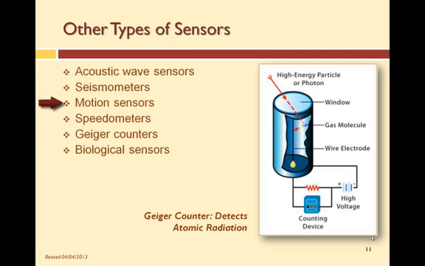There are also motion sensors, such as accelerometers and gyroscopes, which detect motion, acceleration, rotation, and vibration. Speedometers, which measure speed, Geiger counters, which detect atomic radiation, and biological sensors, which can detect and measure specific biological molecules in the human body, are other types of sensors.